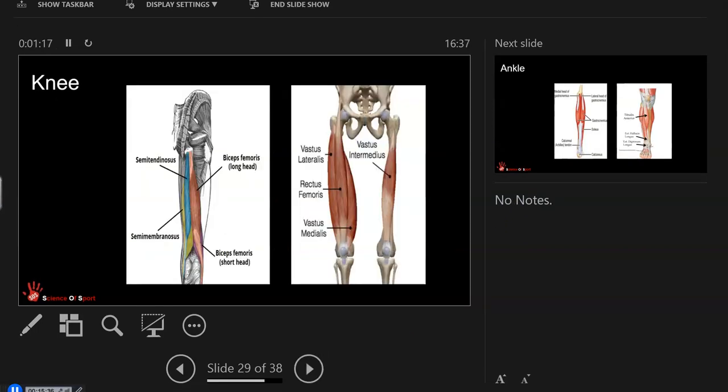Okay, so moving on to the knee joint then. Hopefully these are familiar. We've got our hamstring muscle group on the posterior thigh, posterior side of the femur, attaching at the pelvis and below the knee. We've got 3 muscles that make up the hamstring group: semitendinosus, semimembranosus, and the biceps femoris. On the opposite side of the thigh, the anterior view, we've got the quadricep muscle group, the 4 muscles that make up this group, again attaching at the pelvis and below the knee, the tibia.